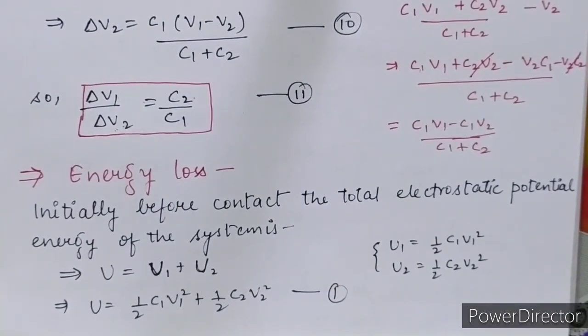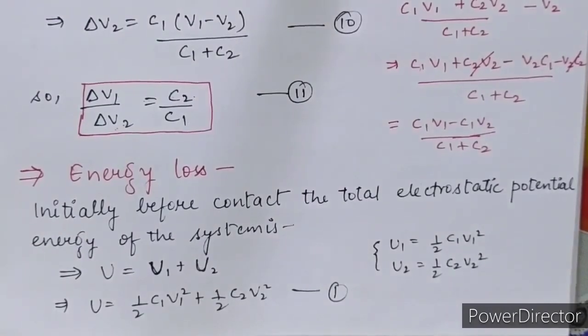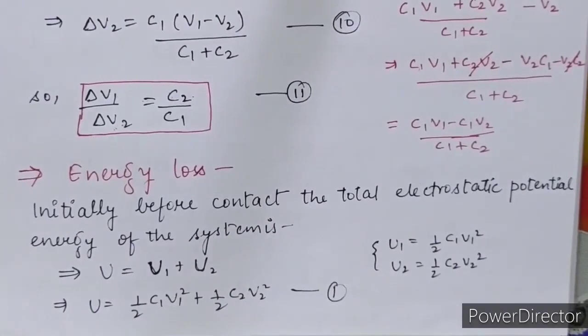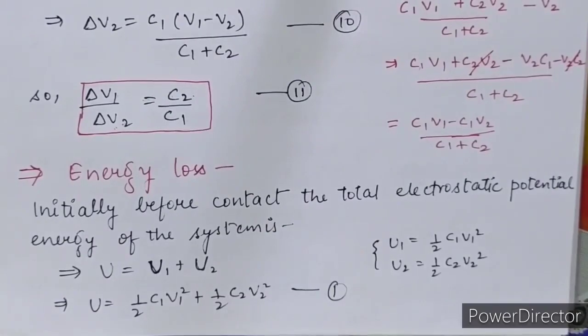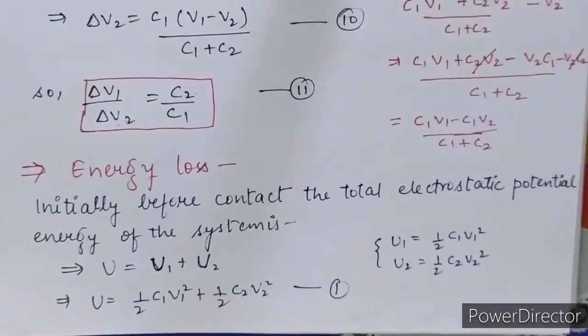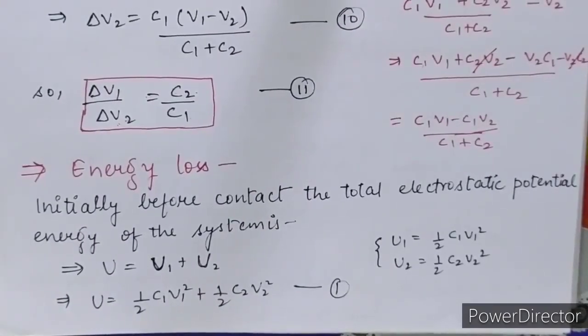Now take one condition, that V1 is greater than V2, the potential of the first conductor is higher than the potential of the second conductor. So the common potential has a value less than the potential of the first conductor and greater than the potential of the second conductor.